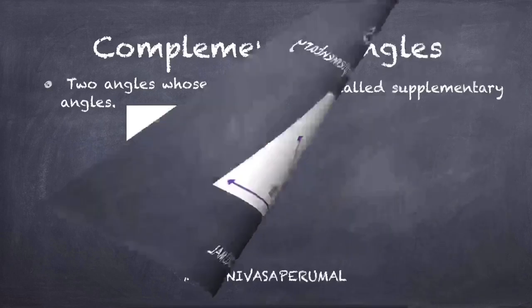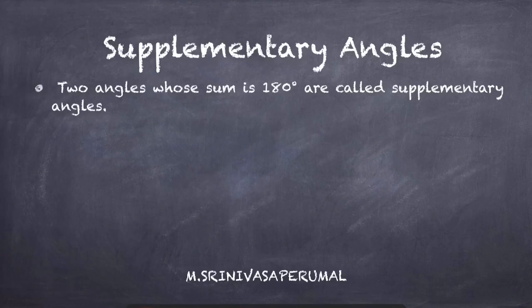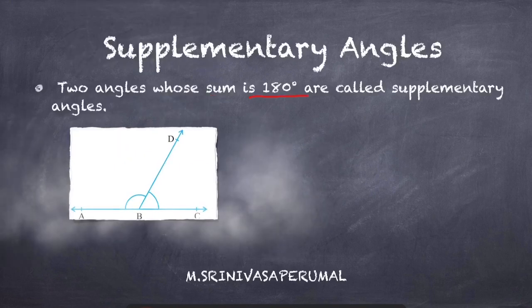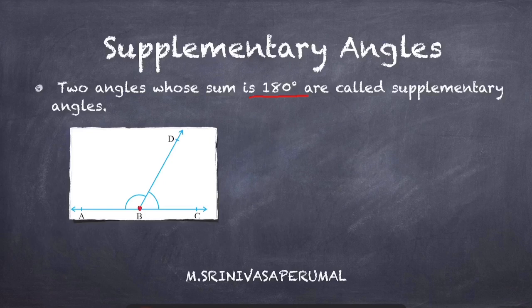Next, supplementary angle. The conditions are similar to the previous one. Complementary means the sum of two angles is equal to 90 degrees. Supplementary means the same concept, but the sum of two angles is equal to 180 degrees. Consider the diagram, where B is the origin.